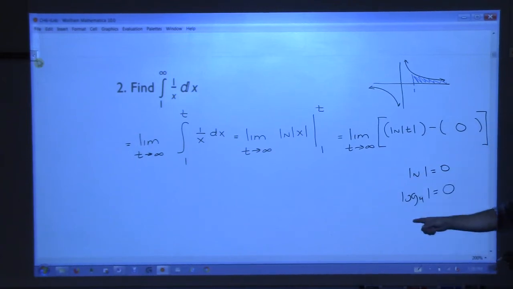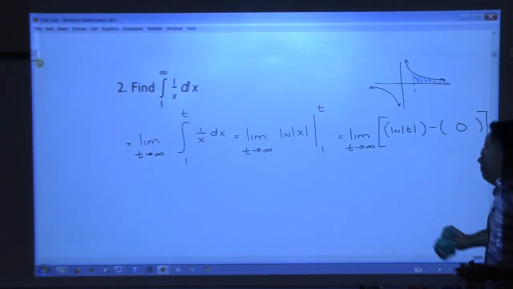Any log with 1 plugged in spits out 0. And it goes back to the idea of what does it mean? Log base 4 of 1 means what power do I raise 4 to in order to get 1? Well, you have to raise it to the 0. This natural log is really log base e. So what do I raise e to in order to get 1? Well, e to the 0. So 1 plugged into any log gives you 0.